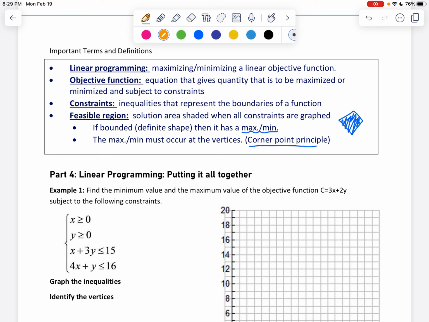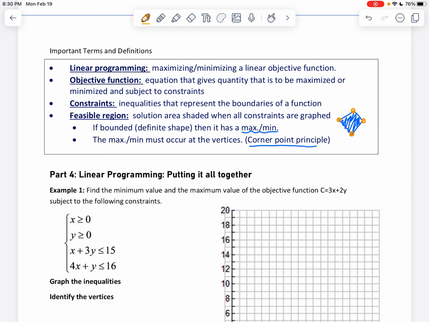So what the corner point principle states is that if you have a feasible region that is bounded as a shape like this one is, then the max and min points will always occur at the vertices of this shape. So if you remember back to geometry, the vertices are the points on any shape. And so one of those points will be the max and one will always be the min.